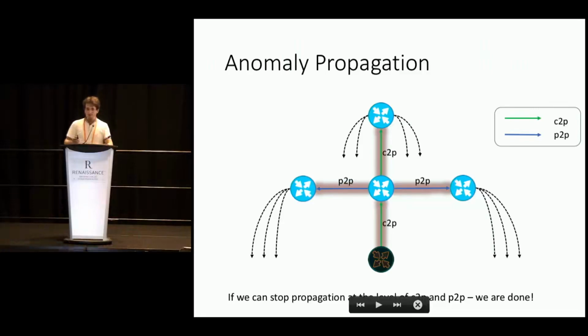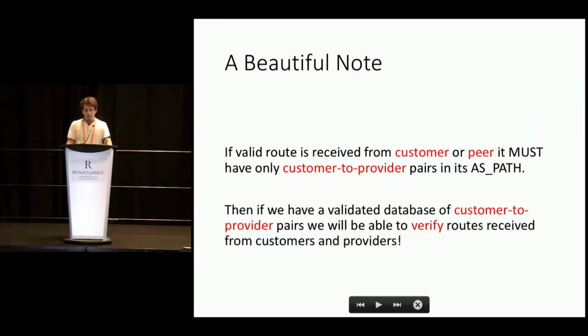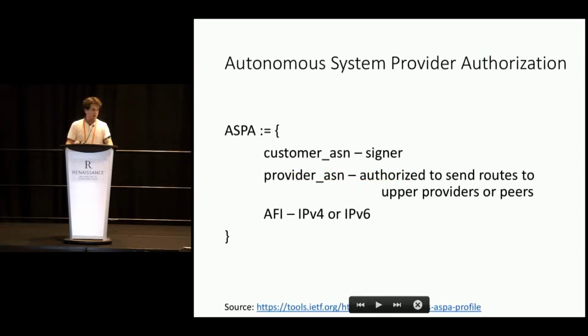And there is another beautiful note for this. For prefixes that are received from customers and peers, all pairs of different autonomous system numbers in the path must be customer to provider. So what we need is a distributed database of signed objects that will say that these are my providers. And here we're getting to RPKI again.